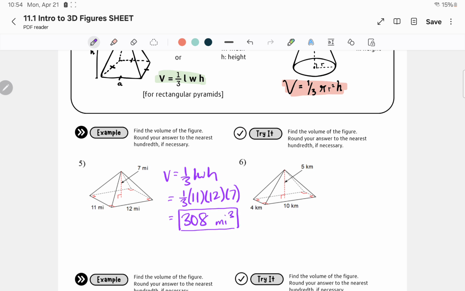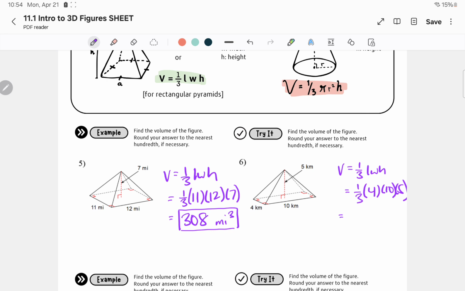Okay, go ahead and pause the video and try number 6. All right, number 6, same formula, so same process. We're going to plug in, length is 4, width is 10, height is 5.